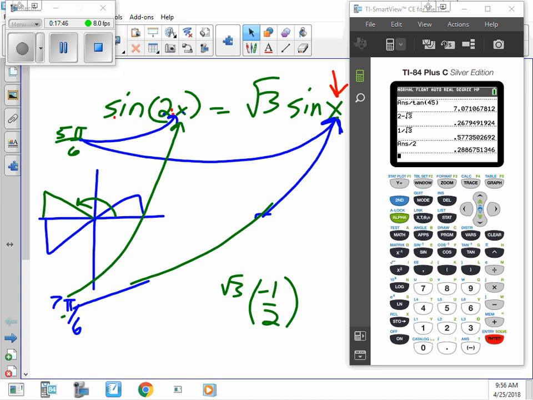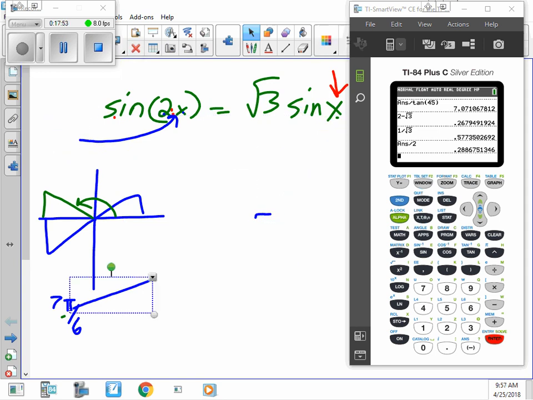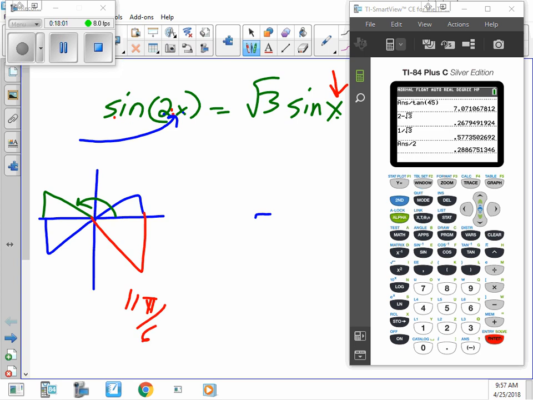Okay, let's try quadrant 4. So this is 11 pi over 6. If I put 11 pi over 6 here, I get negative 1/2, right? So this is root 3 times negative 1/2.